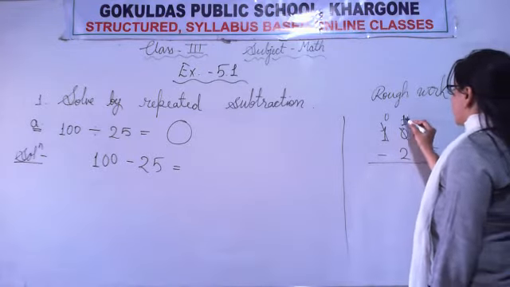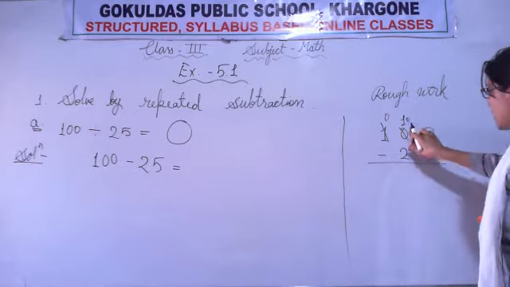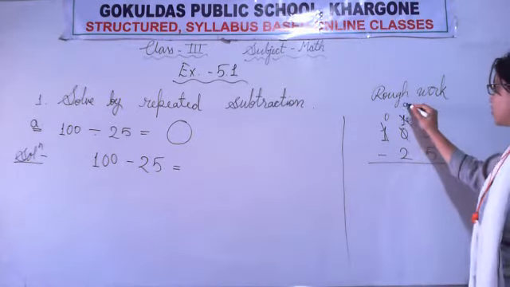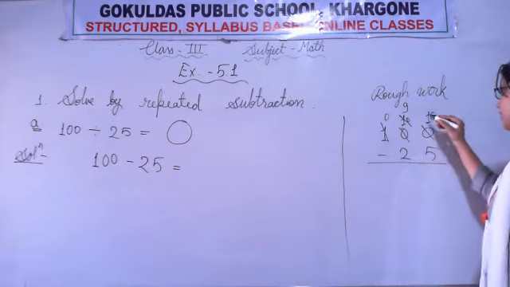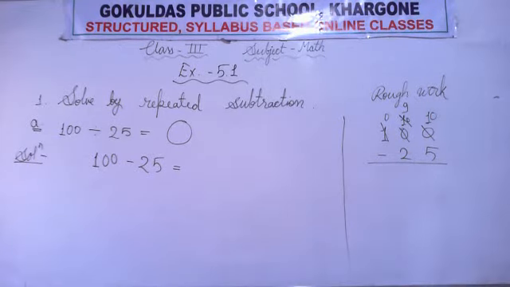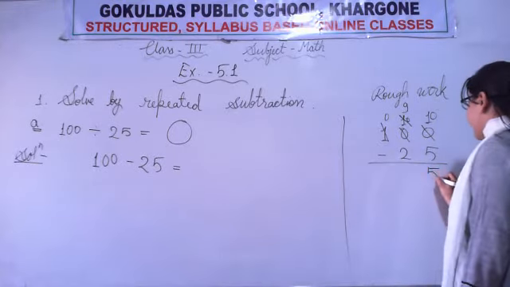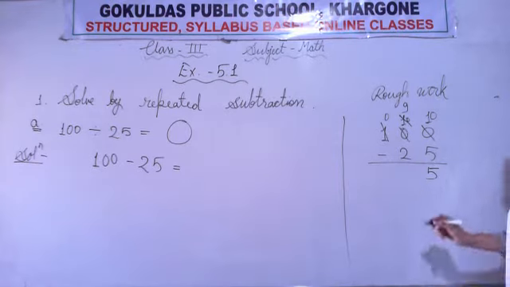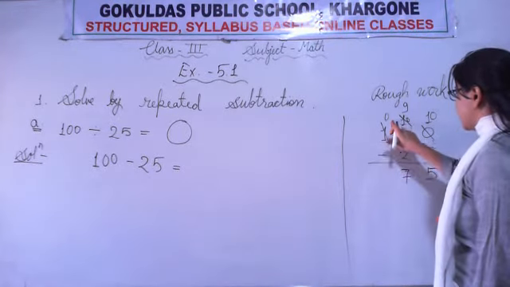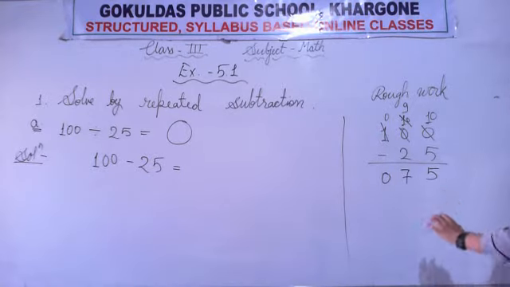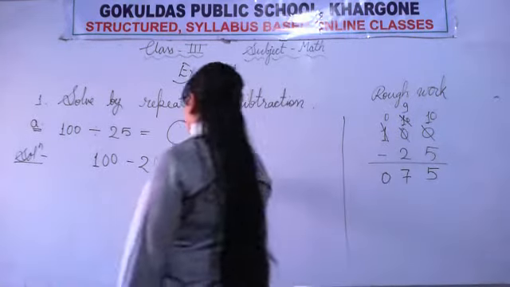This 0 will become 10. Now this 10 needs to lend to the ones place also, so this will become 9 and this 0 will become 10. Now 10 minus 5 is 5. 9 minus 2 is 7 and 0 as it is written. So 100 minus 25 is equal to 75.